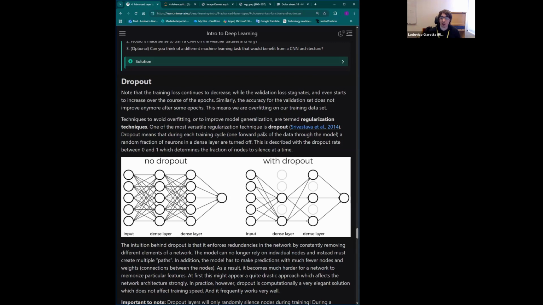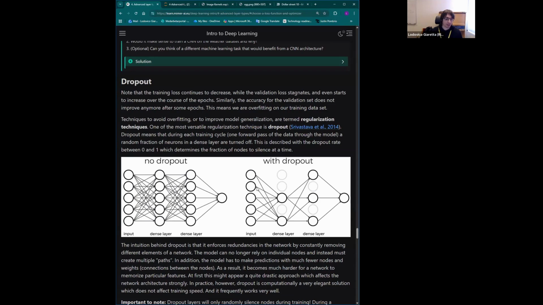And this causes a loss of its capacity to generalize to new things that it hasn't seen, because it spent all its capacity really memorizing individual cases. And one way that we can try to address this is using dropout. What dropout does is that randomly, at each training step, we will remove some connections from the model.